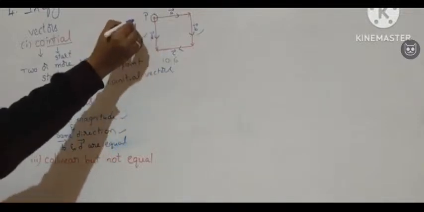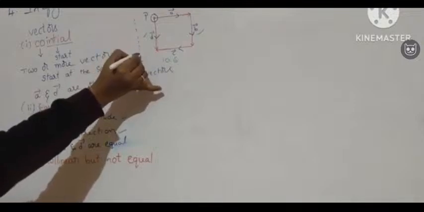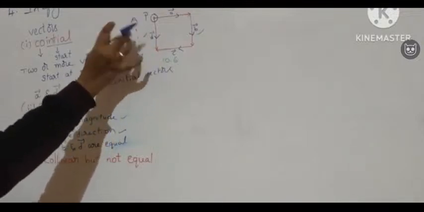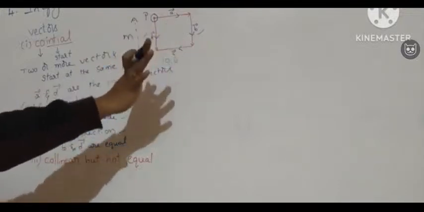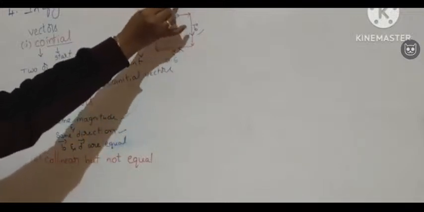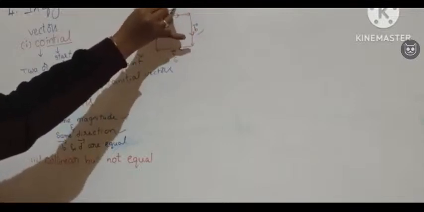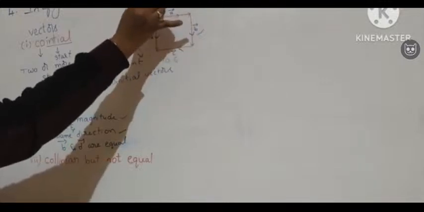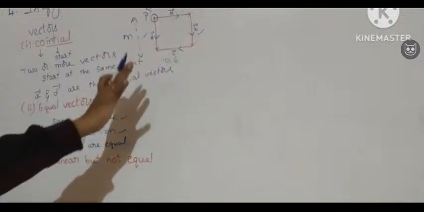The first line, suppose M. This line is parallel to D bar and also B bar. I will take one more line, N. This N line is parallel to A bar and C bar.